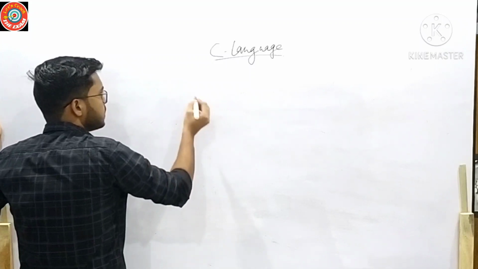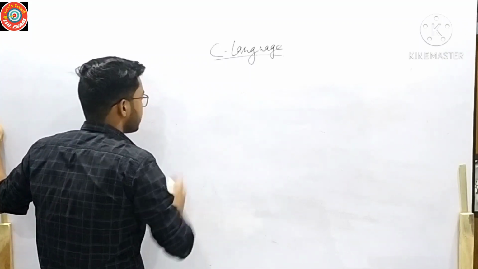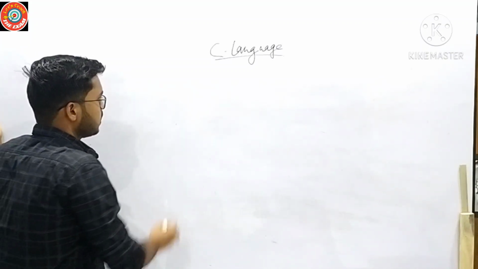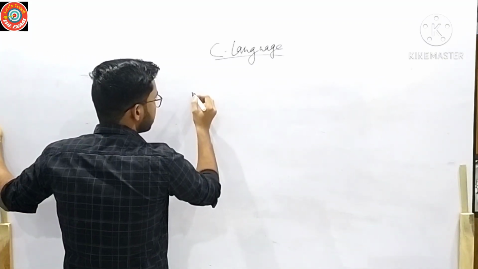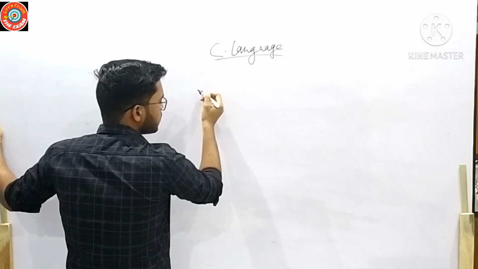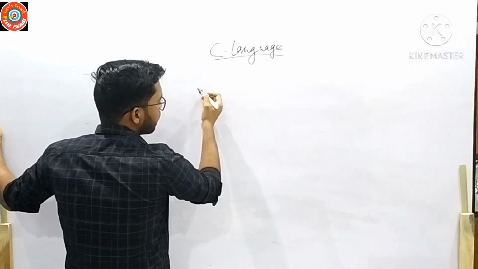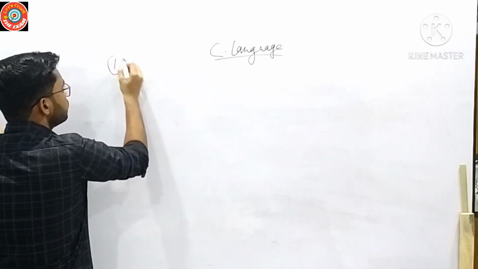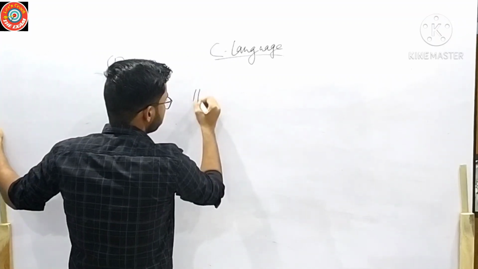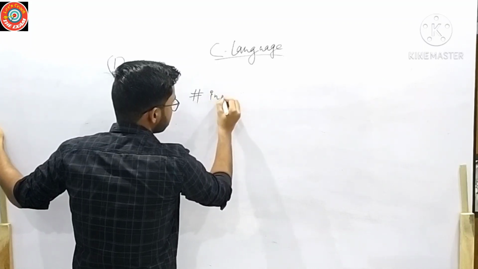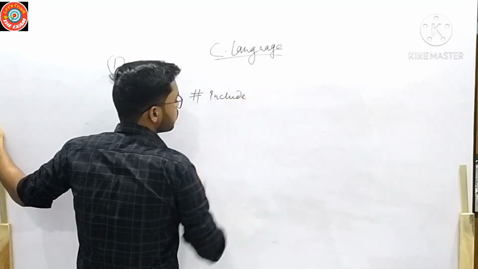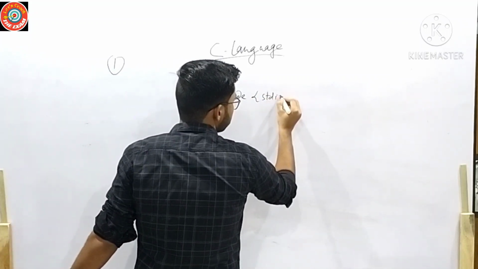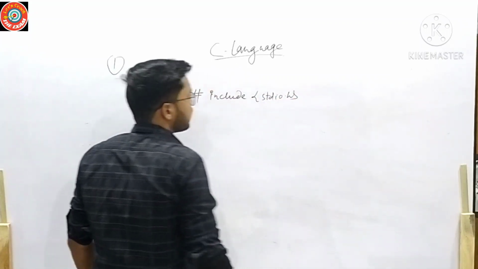Firstly, we will write our first program in C. As I told you in the first lecture, we start writing our program in C. In the first step, I told you we will include a header file.